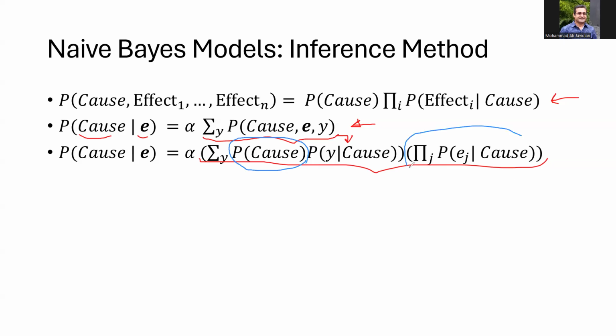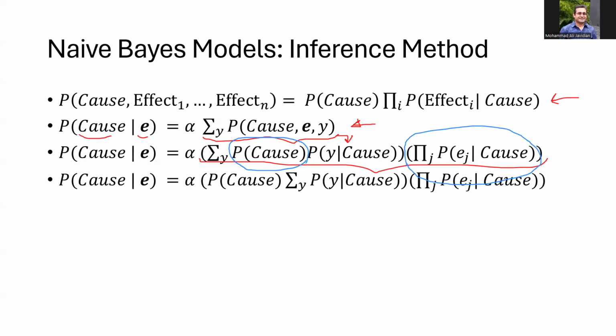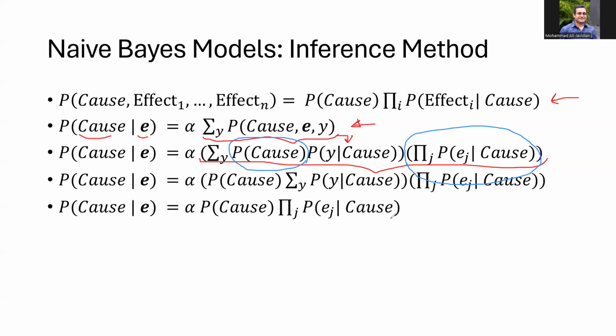So I can write it down as alpha P of cause, sigma P of y given cause, times P of evidence j given cause. And in the next line, you see that this part is gone. That means technically this is equal to 1.